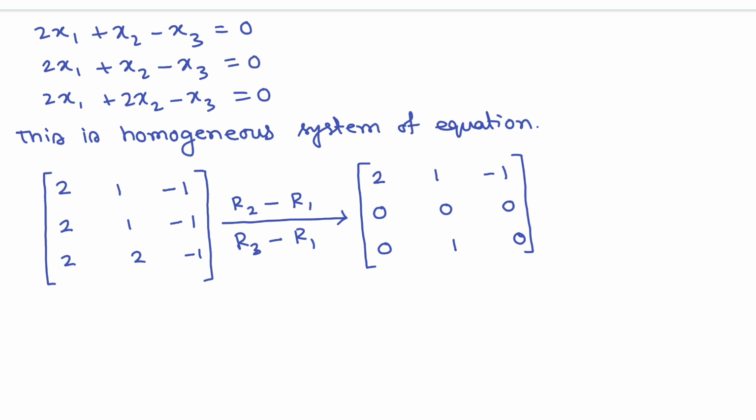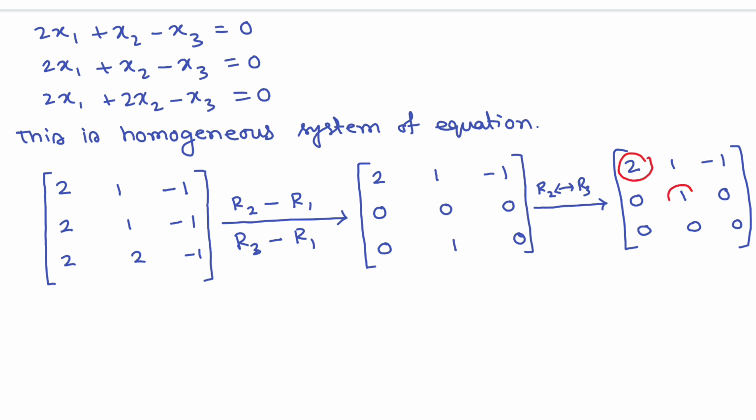So now we have to interchange the second row and the last row, R2 and R3. So this will be 2 1 minus 1, 0 1 0, 0 0 0. Now you can see that this matrix is in row echelon form. This element is a pivot element, this element is a pivot element, and the 0 row is at the bottom, and all the elements below the pivot elements are 0. So obviously this is in row echelon form.